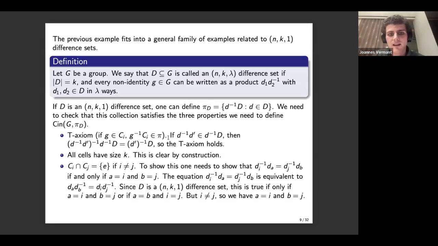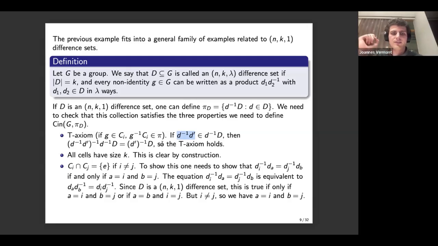The T axiom is quite easy to see. If we have an element in one of these cells, it's given by D inverse times D prime, which is an element of D inverse times D for some D. Then if we multiply this by the inverse of this group element here, we get D prime inverse times D. So we get, again, a cell in the collection π_D.